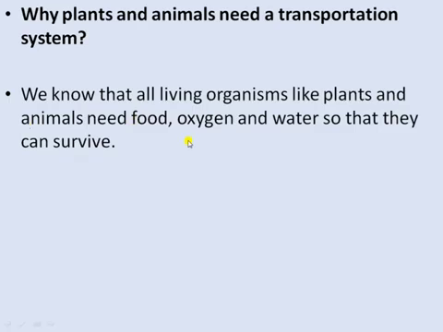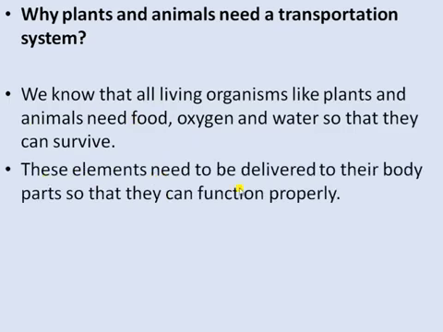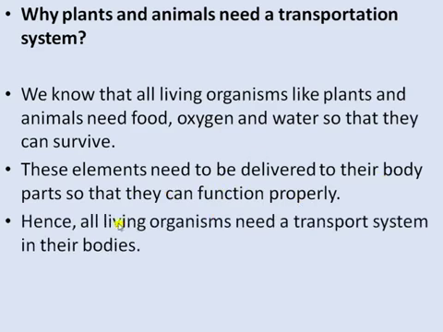That's why they need transportation. Second, these elements need to be delivered to their body parts so they can function properly. Hence, all living organisms need a transport system in their body. So the plants and animals need a transportation system for their survival.